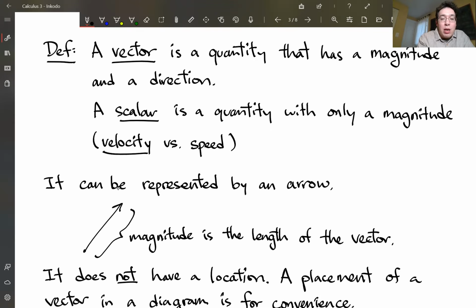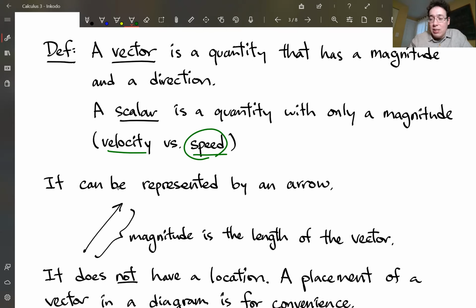So, for example, let's say you're driving up I-5 North at 60 miles per hour. If you're driving in your car going 60 miles per hour, 60 miles per hour is the magnitude. That's the speed.